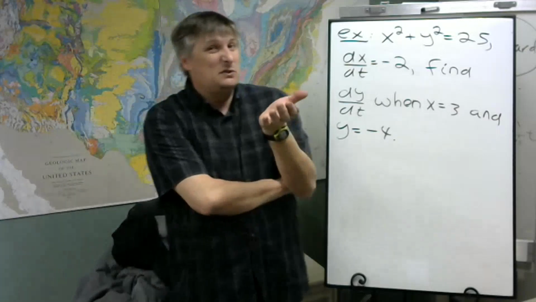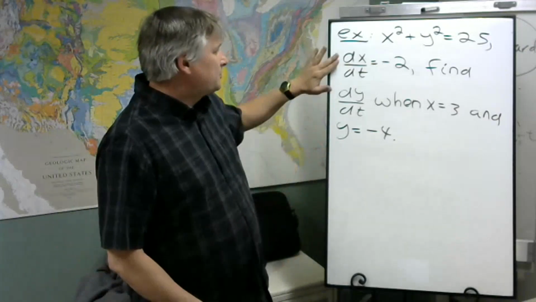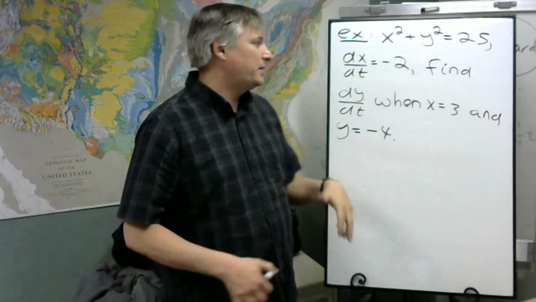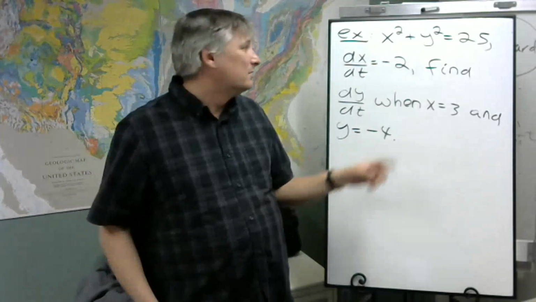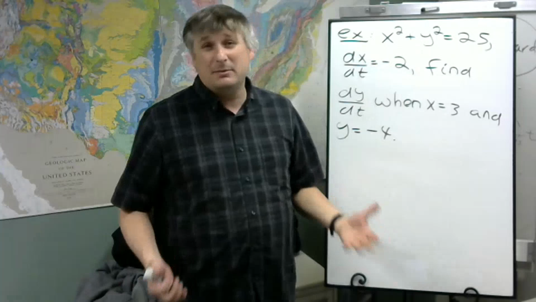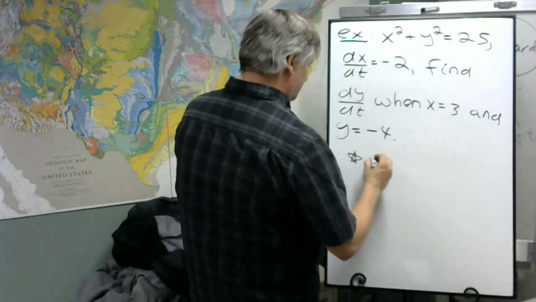So again, this is going to be kind of a new thing. It takes a little bit of time to get the hang of it. But we're assuming that there are rates, dx dt and dy dt, that we can discover. So for that to happen, we need to make x and y not just variables, they need to become functions. So again, we're going to make that assumption.